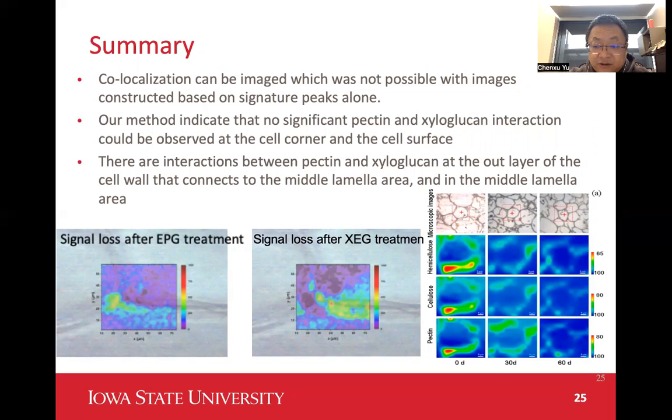So those are the areas where the colocalization between pectin and hemicellulose, the specific hemicellulose, the xyloglucan that we studied in the research, is happening. And so in general, this technique is useful for us to understand plant cell wall polysaccharide organization patterns and help guide further research into understanding the overall structure of the plant cell wall.